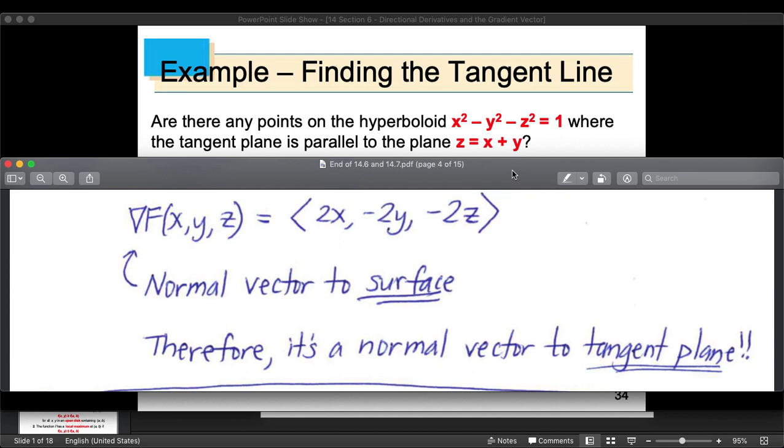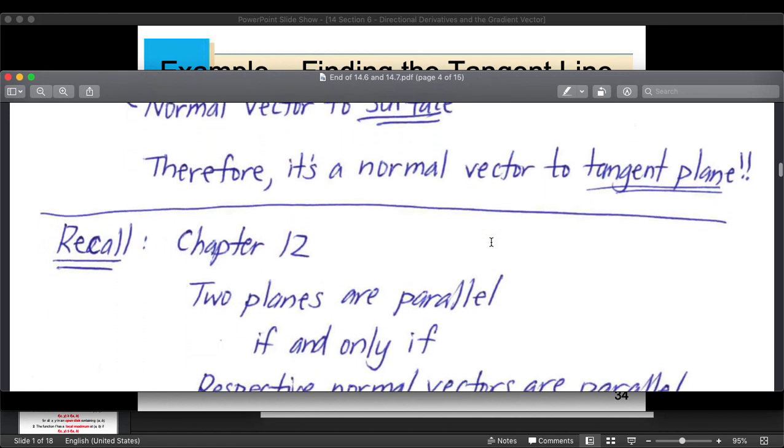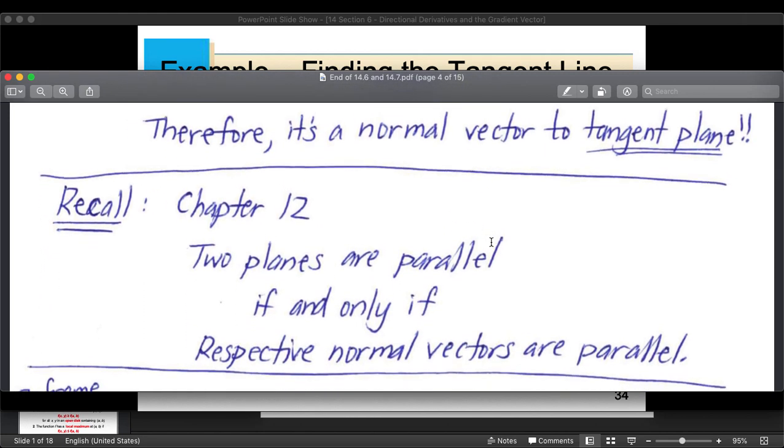Well, the only way you really can find two planes that are parallel to each other is if the following is true. If you recall from chapter 12, two planes are parallel if and only if their respective normal vectors are also parallel. That is the only way that two planes are going to be parallel. Now, the vectors that are physically on the planes are obviously parallel to each other as well, but there are so many of them that it's hard to tell specifically how they are parallel and what way they orient themselves.